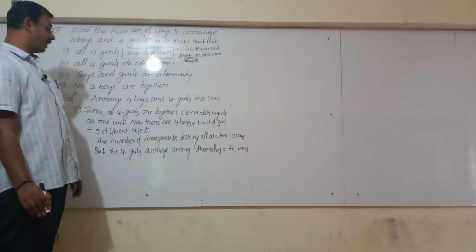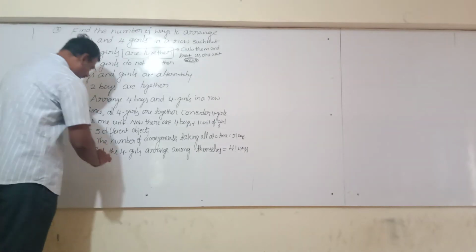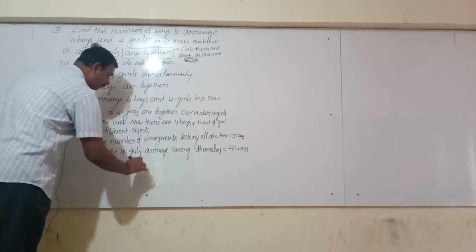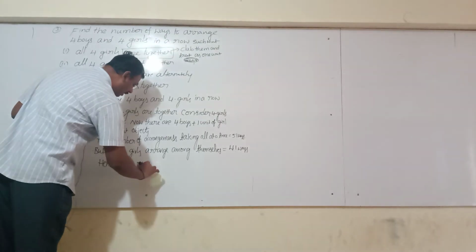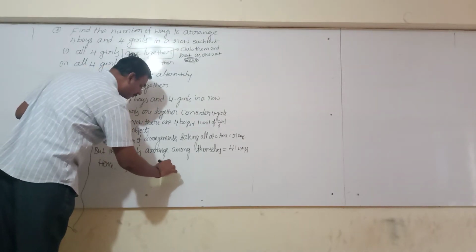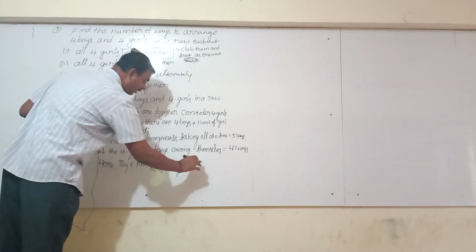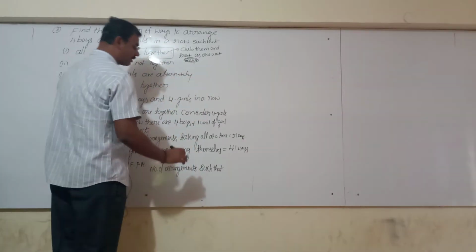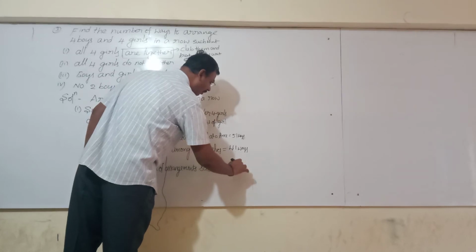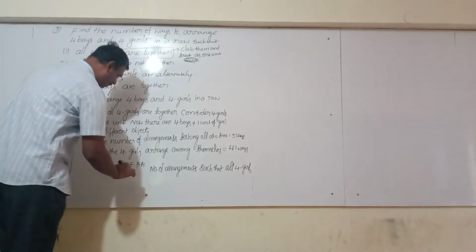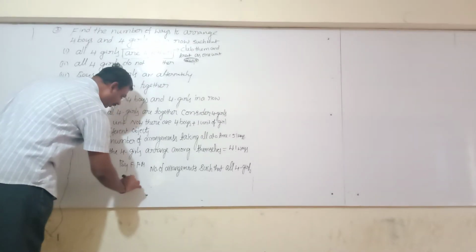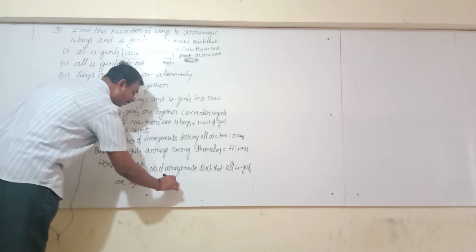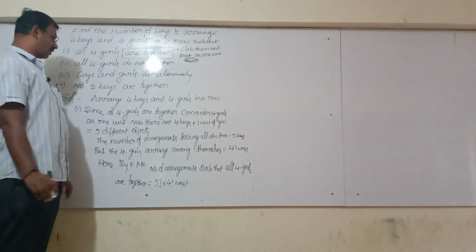Hence, by the fundamental principle of multiplication, the number of arrangements such that all 4 girls are together is equal to 5 factorial into 4 factorial ways. This is the answer to the question.